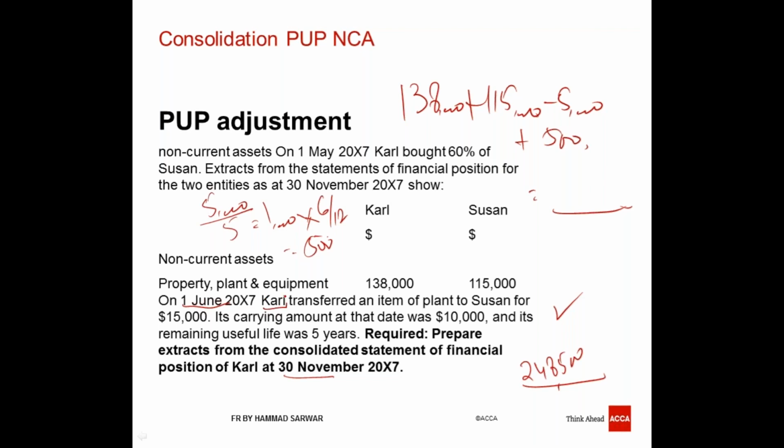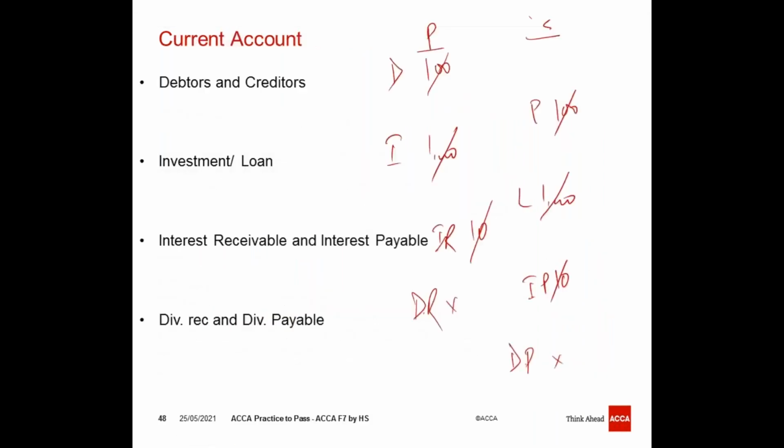Carl transfer means Carl has made the profits. So in the parent's profit, there will be no share of NCI. So the whole amount will go in the retained earnings. So the accounting entry will be retained earnings debit 5,000 and property, plant and equipment credit 5,000. Okay, is it clear?